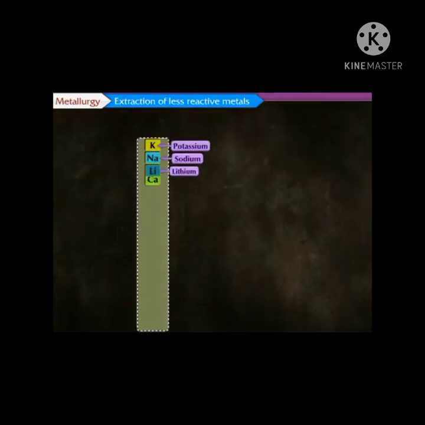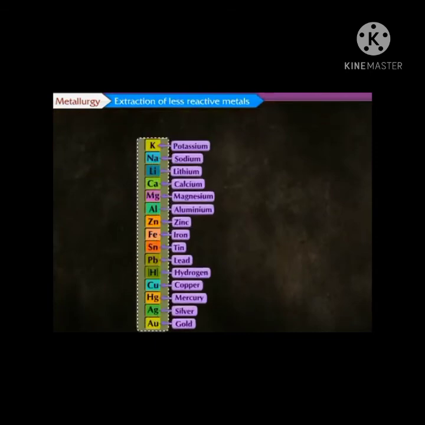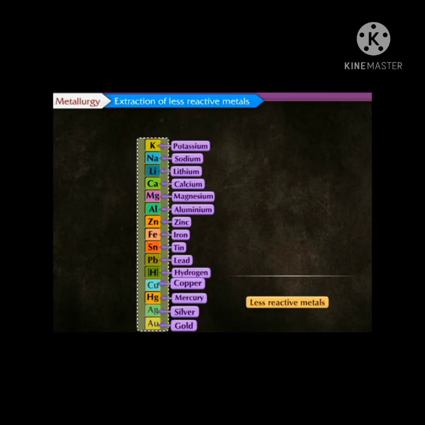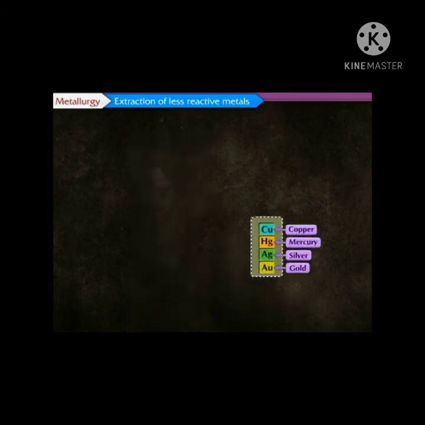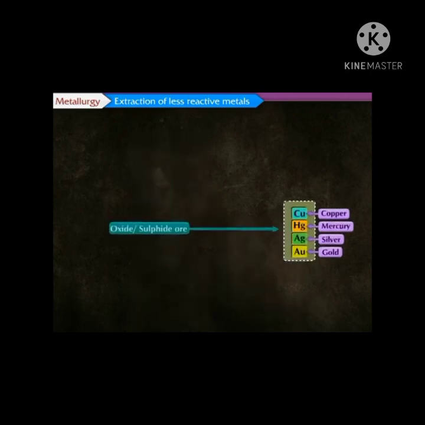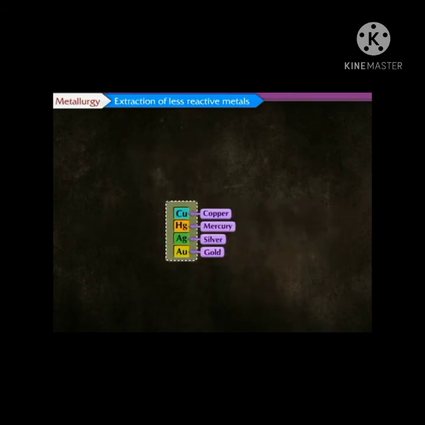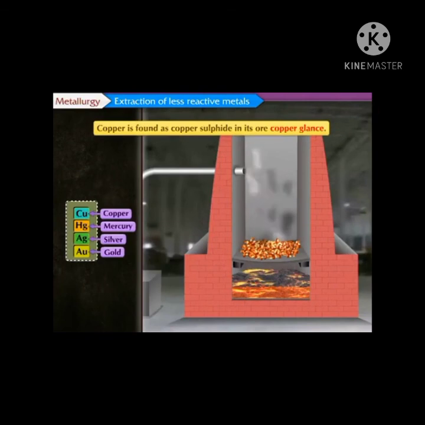Metals placed at the bottom of the reactivity series are the least reactive. For example, copper, silver, gold. These metals can be extracted from their oxide or sulfide ores by just heating in air. Copper is found as copper sulfide in its ore, copper glance.